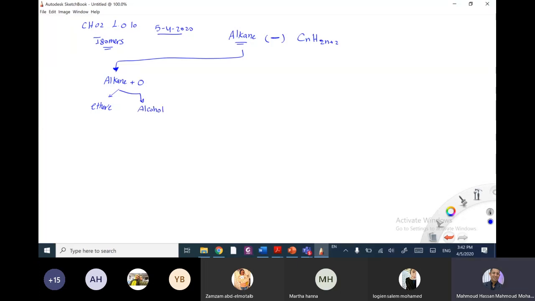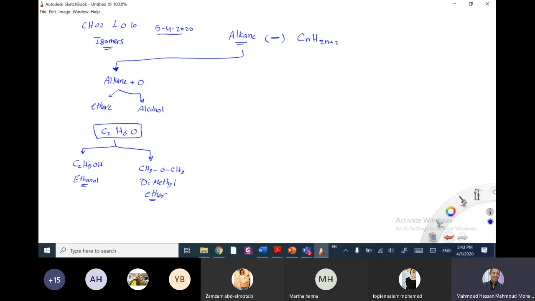An example is when we find C2H6O. This molecular formula may give us C2H5OH, which is called ethanol, or CH3OCH3, dimethyl ether.